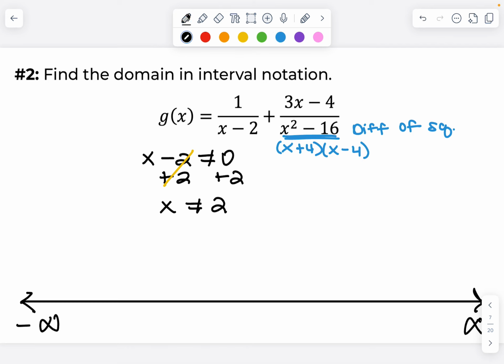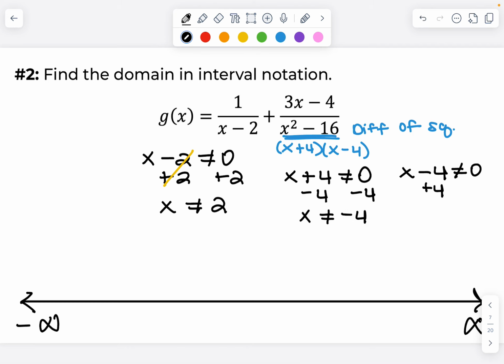So what I'm going to do is neither of those statements can equal 0 because, again, they're being multiplied together. If this statement equals 0, 0 times anything gives me 0 in my denominator. Or if this factor equals 0, 0 times anything would also give me 0. So I'm going to take both pieces, set them not equal to 0, and then simplify. Over here, I'm going to subtract 4 from both sides, so I get x cannot equal negative 4.